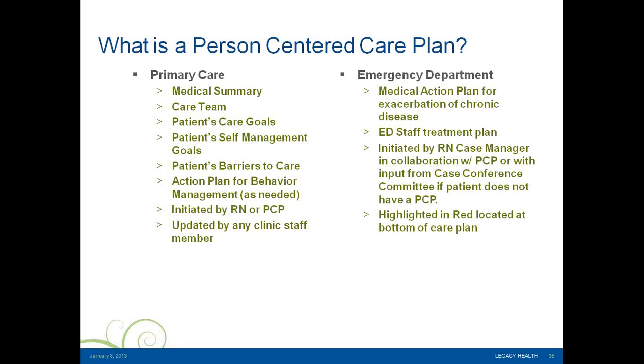So what does the patient want to do in order to follow through with what the provider wants, and what does the patient want? And then we've also put in a section to identify what are the patient's barriers to care. So what prevents them from going for a walk? Are they a fall risk? Do they live in a neighborhood that's insecure, that they don't want to walk outdoors by themselves? Do they have transportation issues?